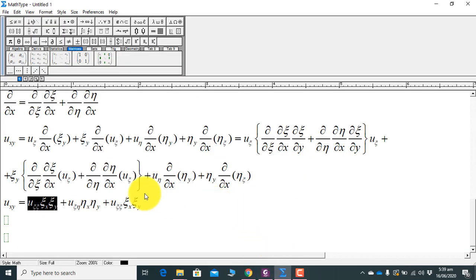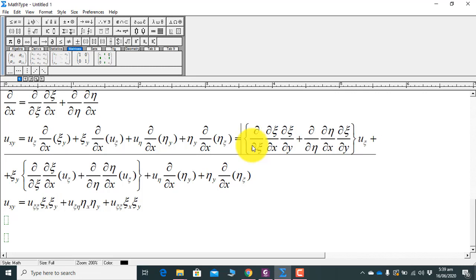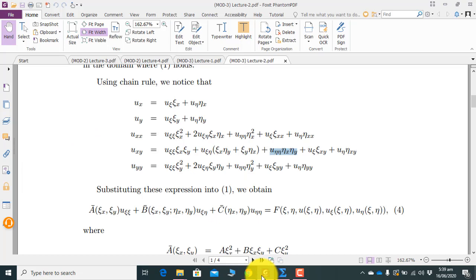The problem is for the middle term, which can be calculated like this: xi x, and the answer is partial xi over partial x.